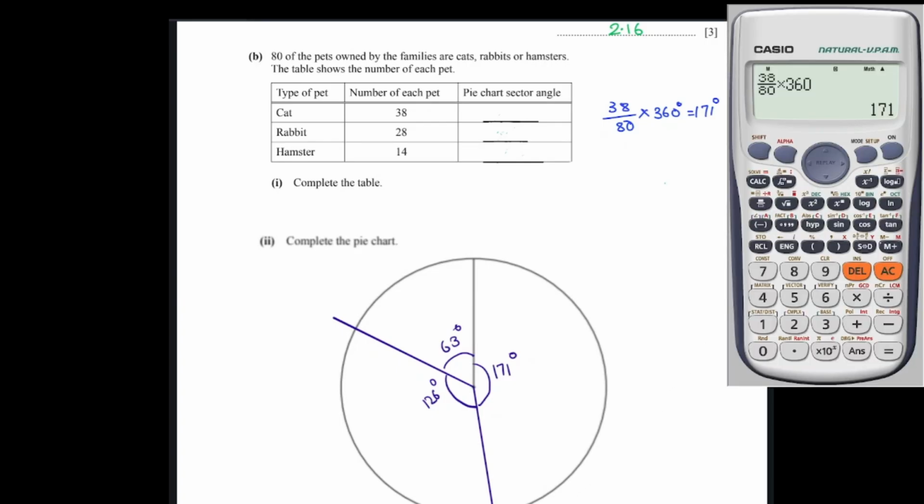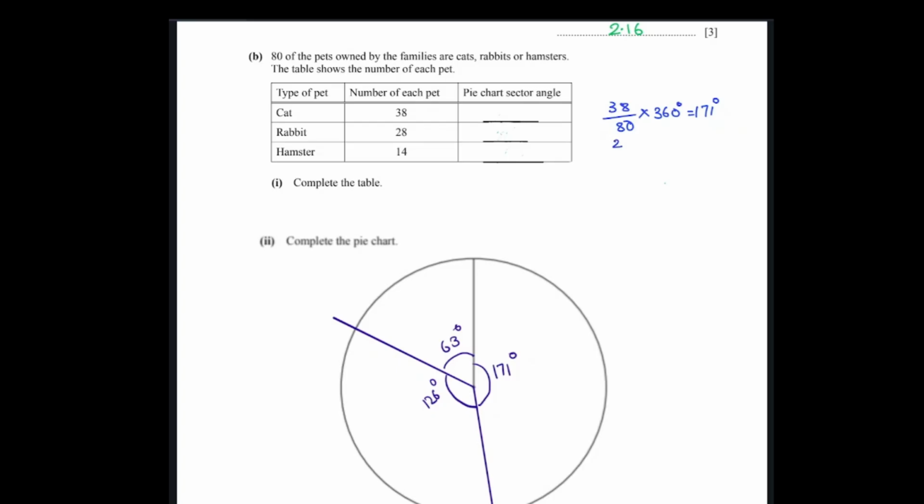Then 28 by 80 into 360, 126. Next, it is 14 by 80 into 360.